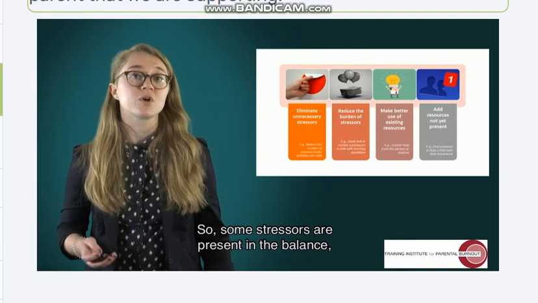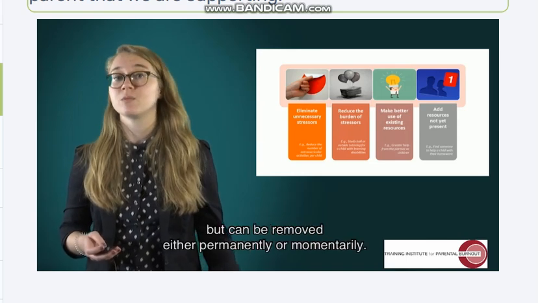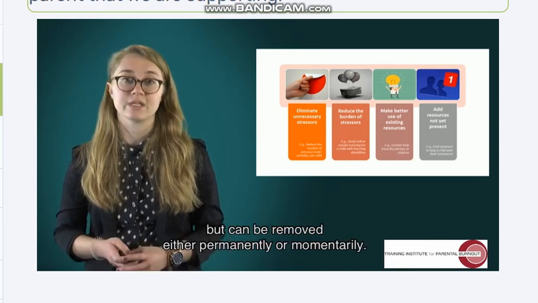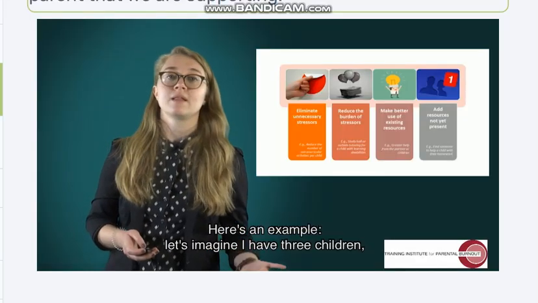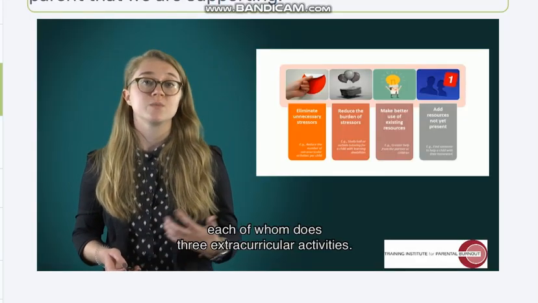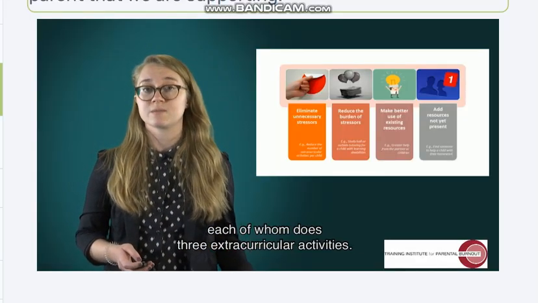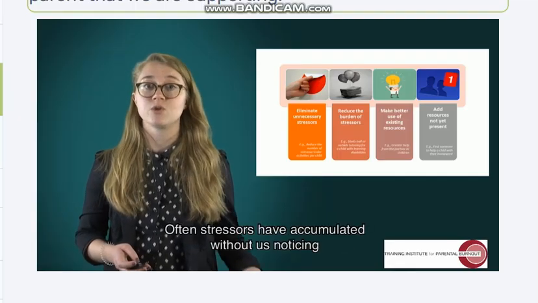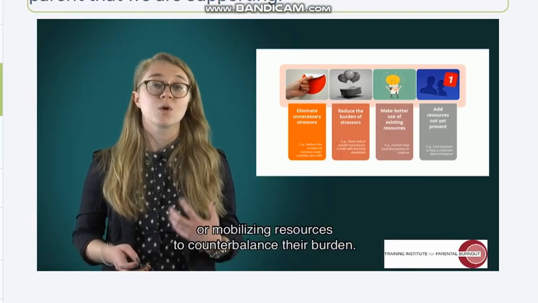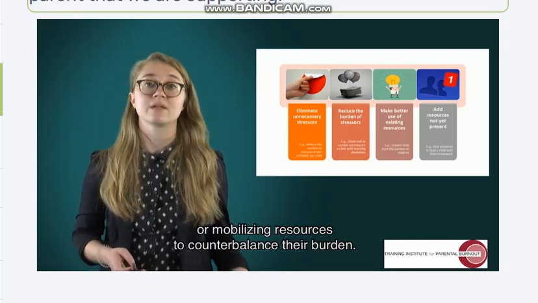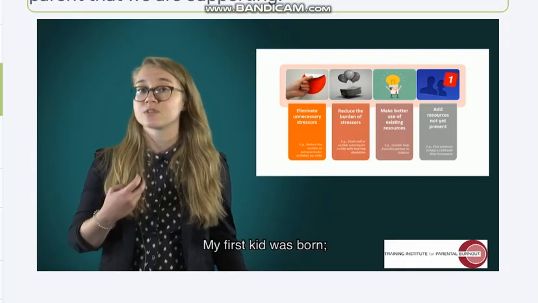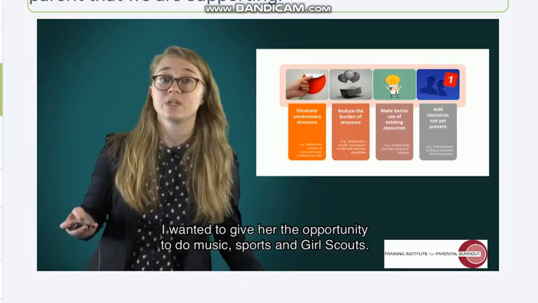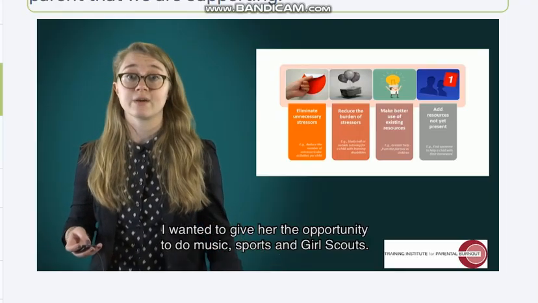So some stressors are present in the balance but can be removed either permanently or momentarily. Here's an example. Let's imagine I have 3 children, each of whom does 3 extracurricular activities. Often stressors have accumulated without us noticing or mobilizing resources to counterbalance their burden. My first kid was born, I wanted to give her the opportunity to do music, sports, and Girl Scouts.